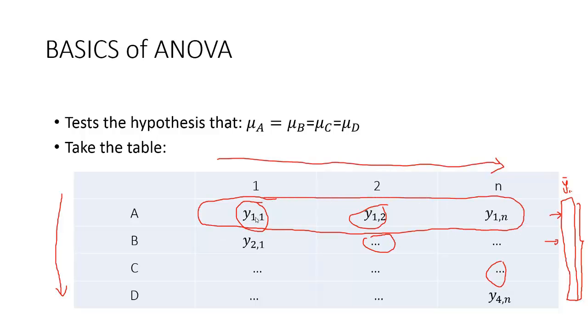I'm not looking at the deviation of y11 from the grand mean y bar bar, but I'm looking at the deviation of y11 from this row's average, okay? And I'm averaging that across every row. So it's almost like I'm taking a row-wise average of every data point and averaging that.